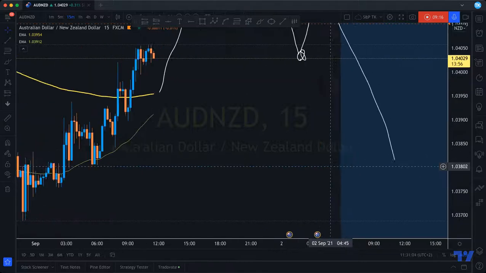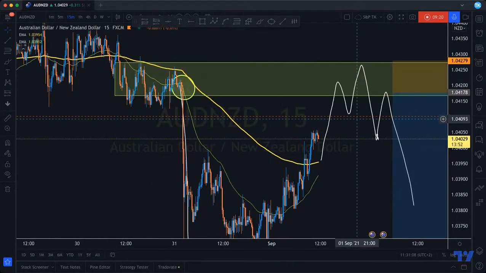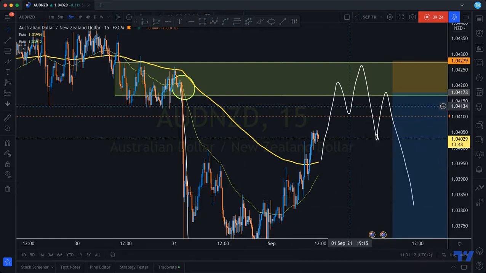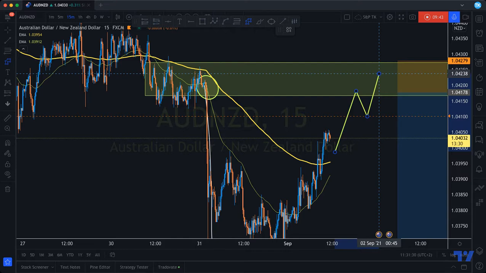So my trigger, I repeat, my trigger is this kind of pattern. Let me draw it better. So reaction, first reaction, first signal of weakness, liquidity grabbing.